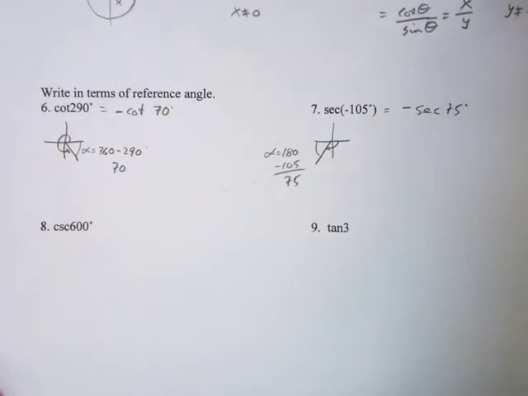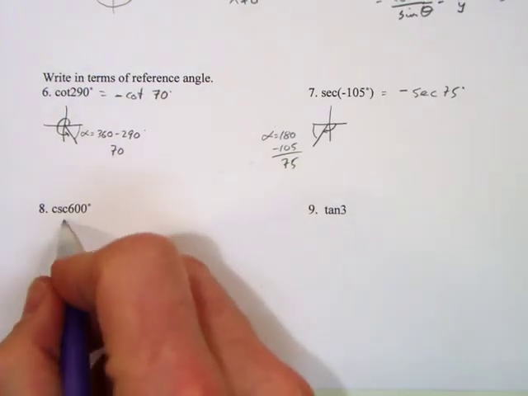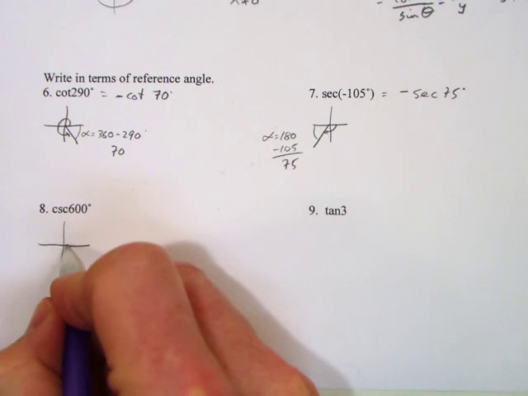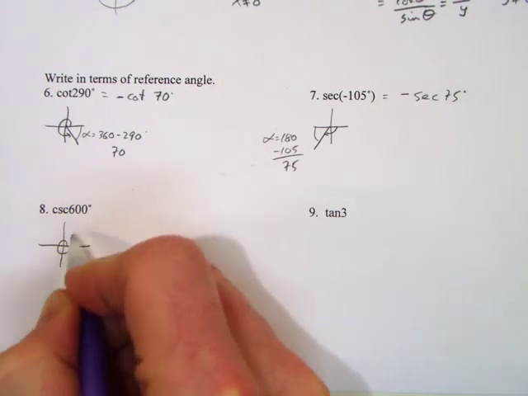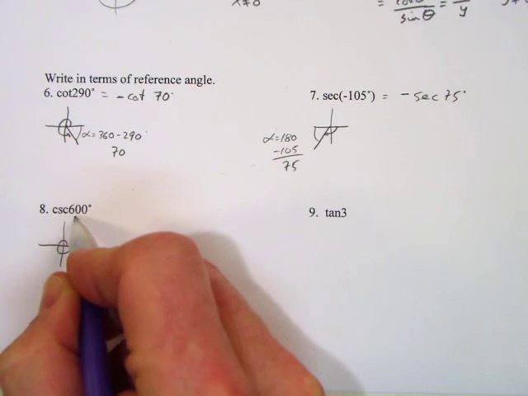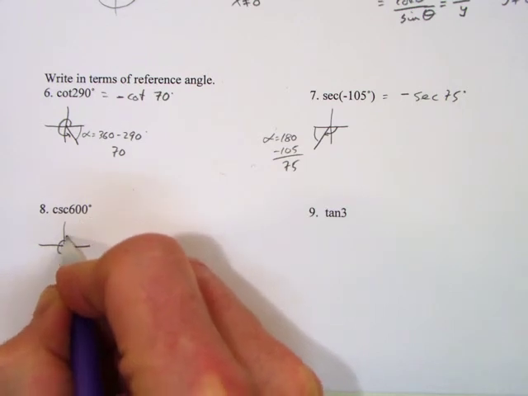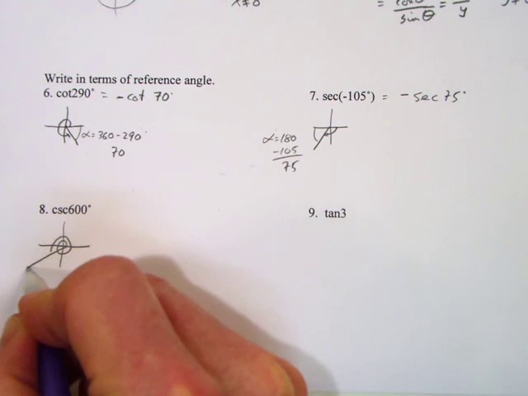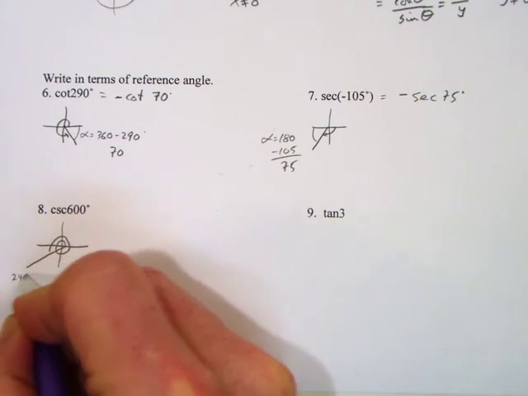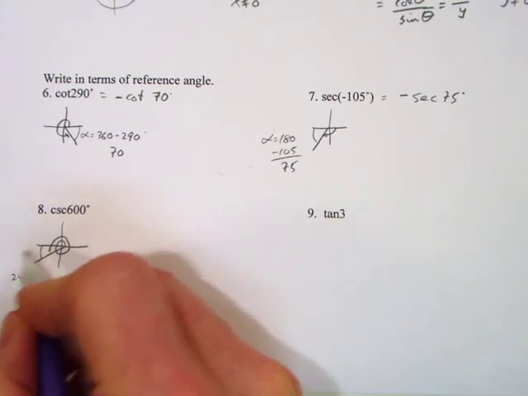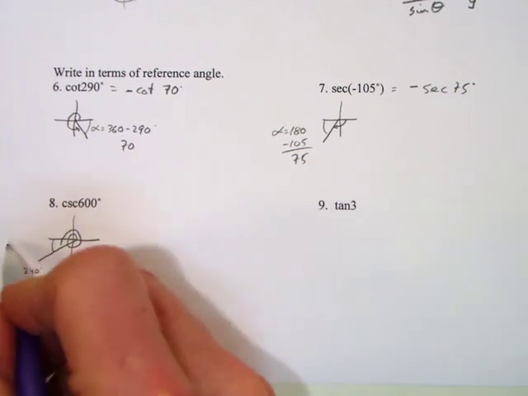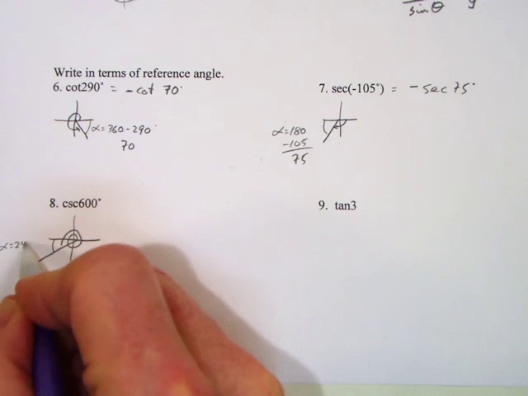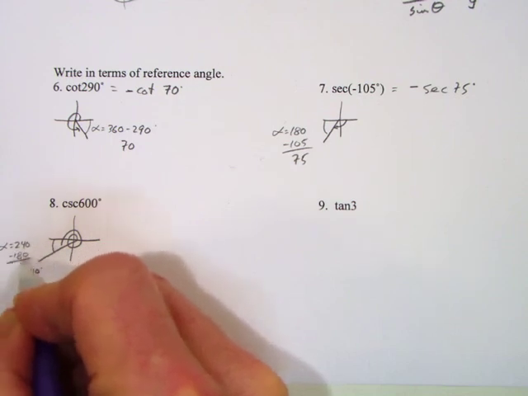Cosecant 600 degrees. Well, you can see that that's going to be more than 360. How much more? We got to keep on going. We can subtract 360 from there, and we'll get 240. So that's going to put us in the third quadrant. A coterminal angle is 240, so our reference angle would be 240 minus 180, or 60 degrees.